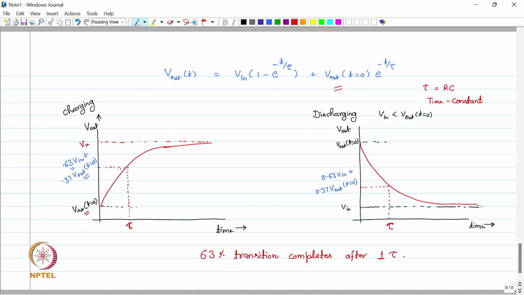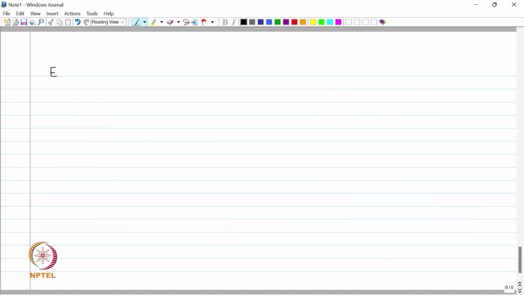So let's take an example for this. We have an RC network. At the input we apply a pulse input which is V in, plus minus.